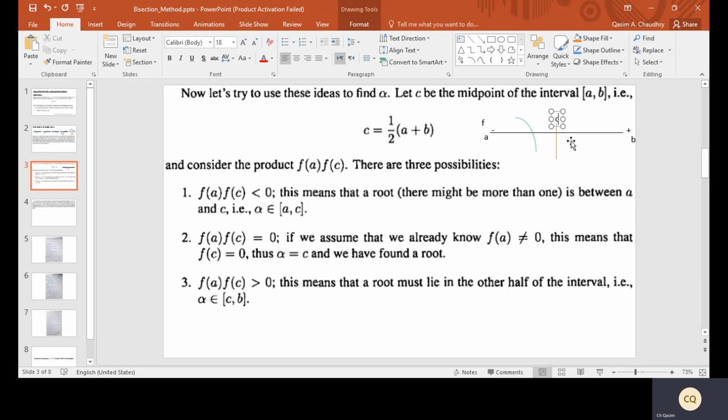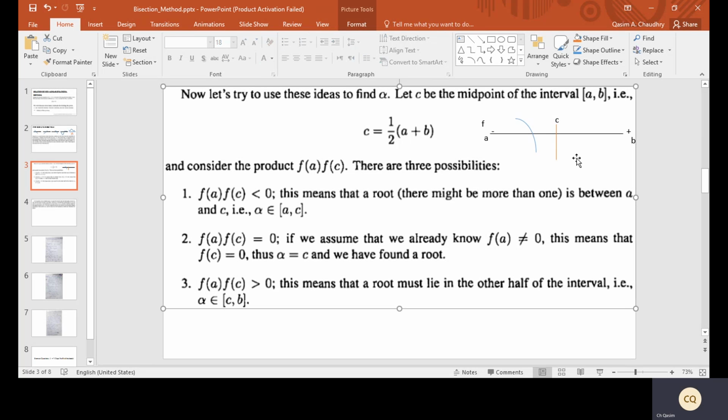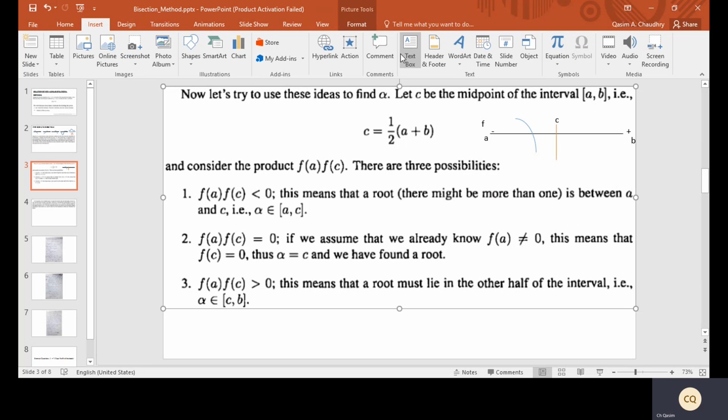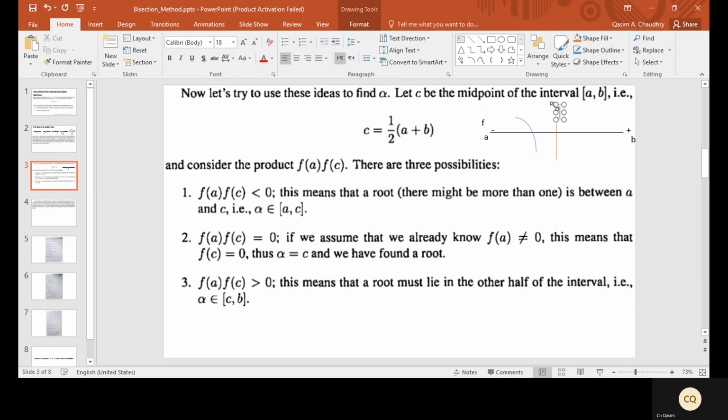So students, now if it is a here, where the negative value is, and this is positive here, and at c maybe any value, let's say it is positive. So let me write it here, maybe it's positive. So students, this is giving you the positive value.